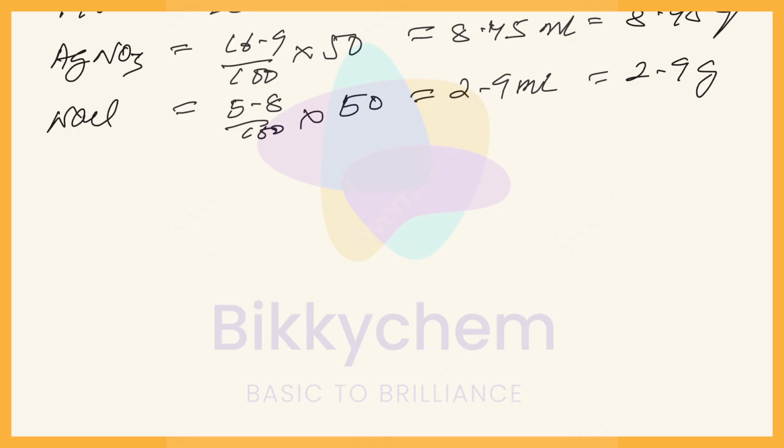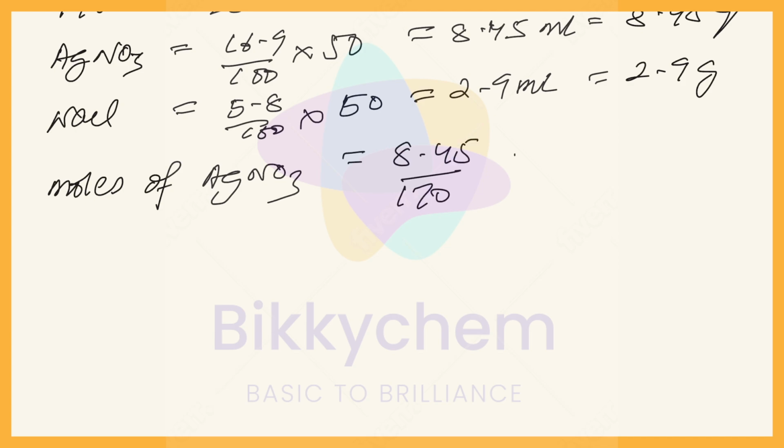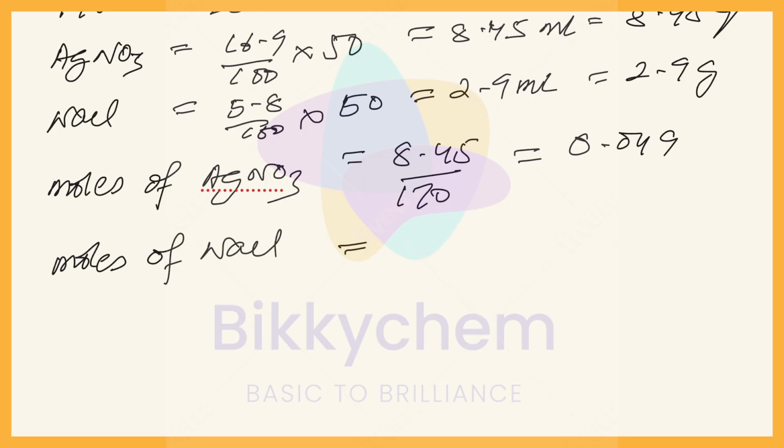Now moles of AgNO3 is 8.45 divided by 170, 0.049, and moles of NaCl is equal to 2.9 divided by 58.5, which is equal to 0.049.